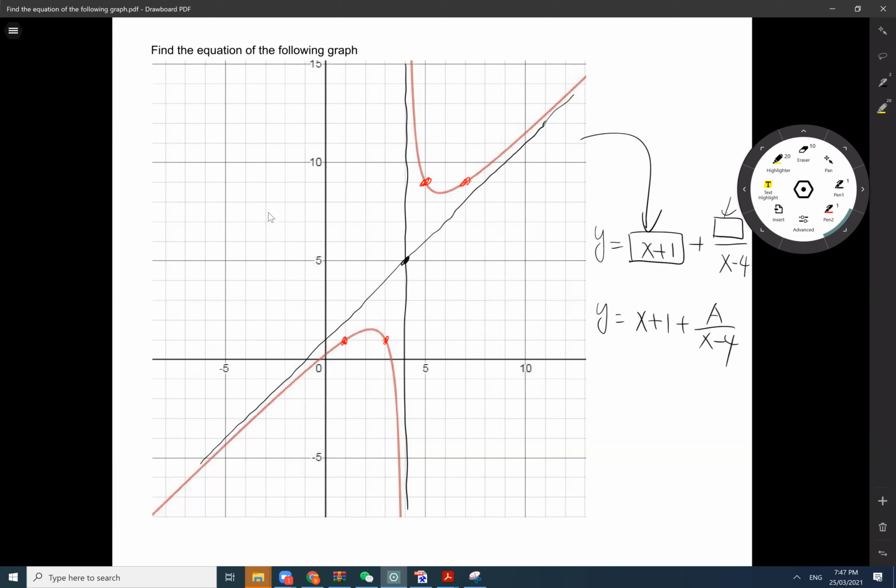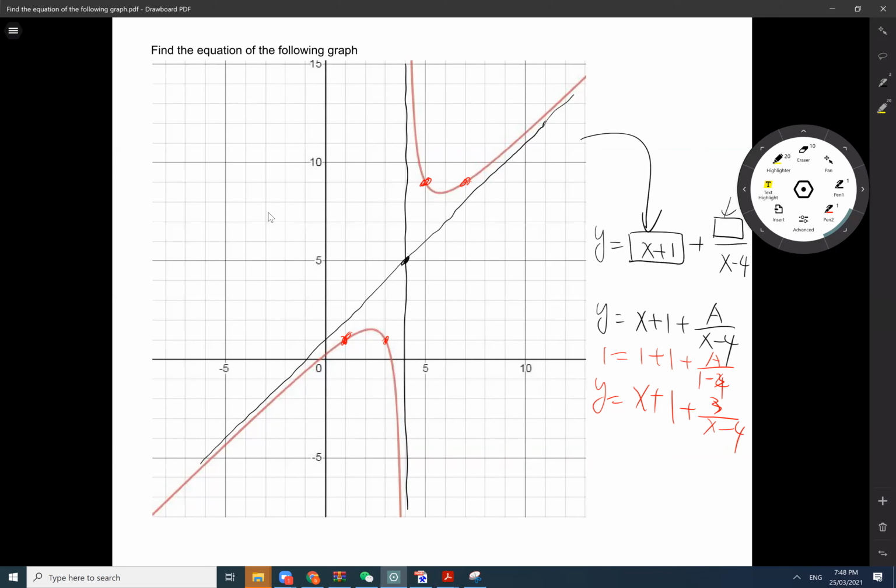Eden, what's the value? 3. Okay, so we got the equation. Let's try x equals 1. Oh yeah, 3. That's it. That's the oblique asymptote.